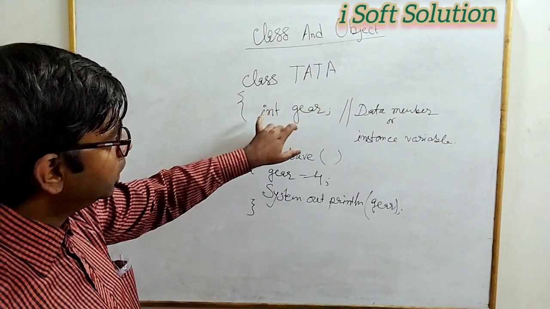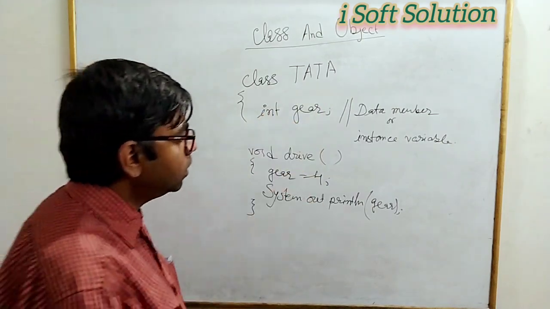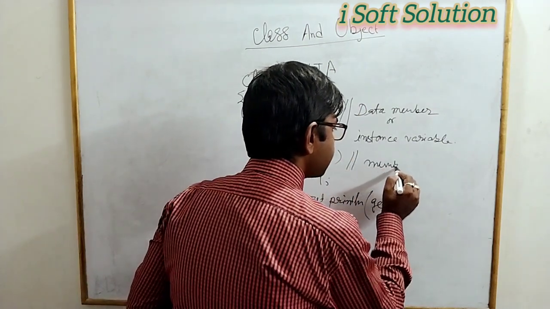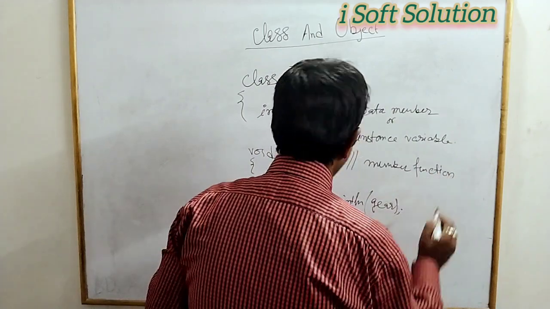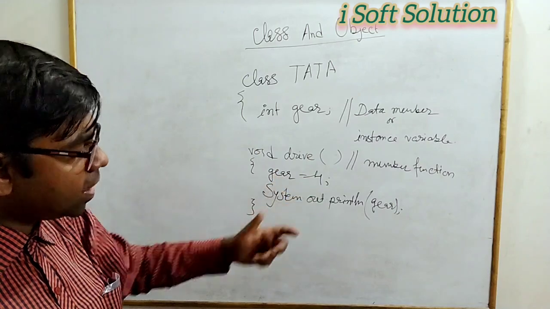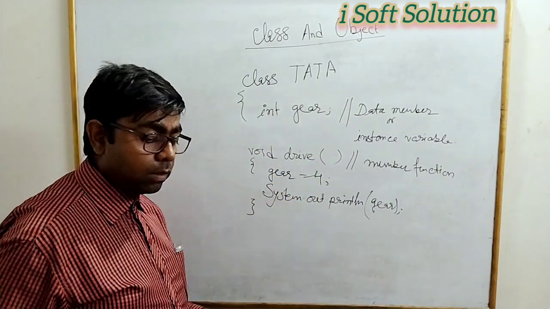Class data, int gear, this is the data member, void drive, this is the member function. And in this member function, we can easily access the data member and initialize it with the value 4 and then print the value of the gear.